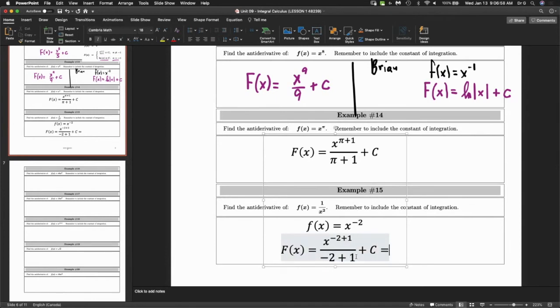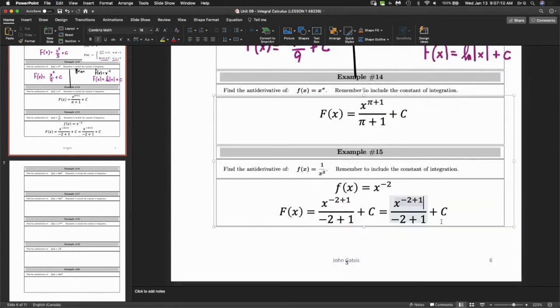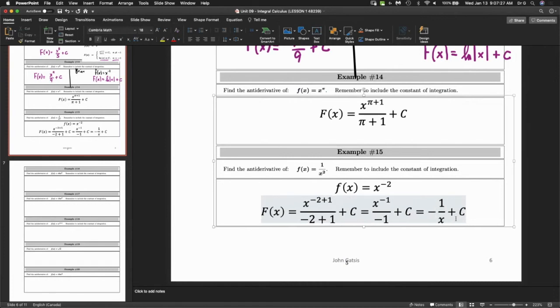And of course, clean this up a little bit because it's looking kind of weird. So this becomes -1 over -1. And as you remember in the fall, I absolutely was just crushing you with exponent laws and such. So I think the best looking answer is that: -1 over x plus c.